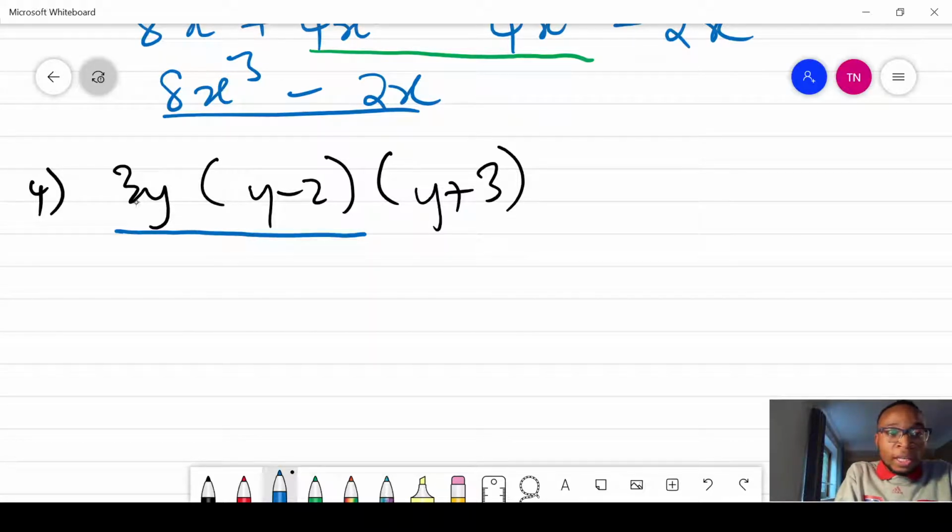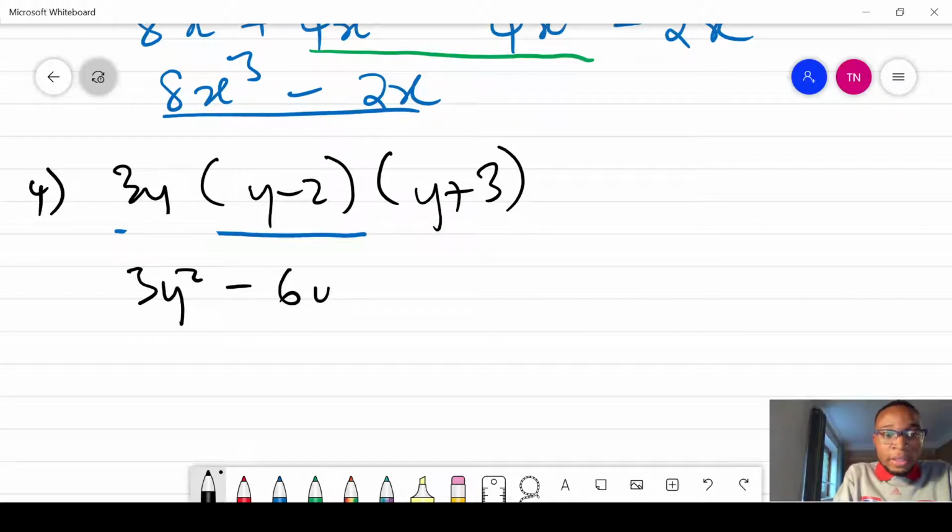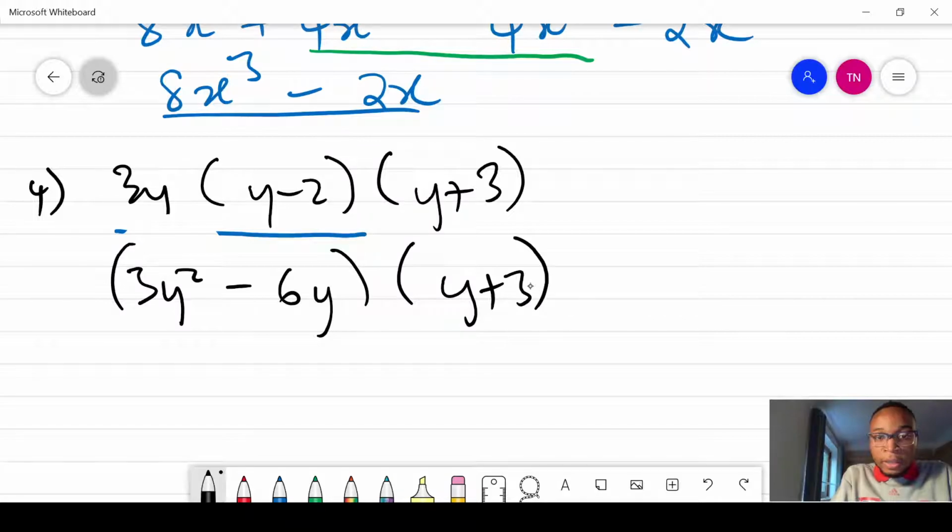So 3y multiplying y becomes 3y squared. Blue is for highlighting, let's use black. That becomes 3y squared. Then 3y multiplying minus 2 becomes minus 6y. And what we have here is going to be multiplying y plus 3.